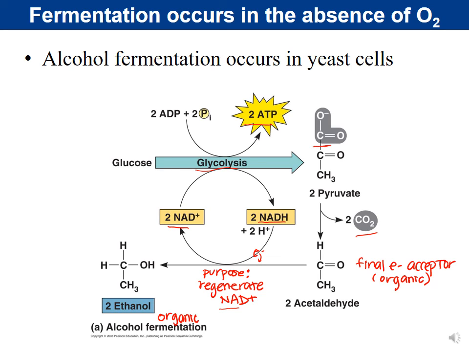So in fermentation, we need to regenerate the NAD+. That's pretty much the goal of fermentation, because without oxygen, we're not using an electron transport chain. So cells have to have an alternate way to regenerate the NAD+ so that at least glycolysis can continue to occur.